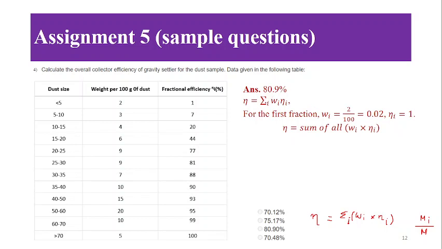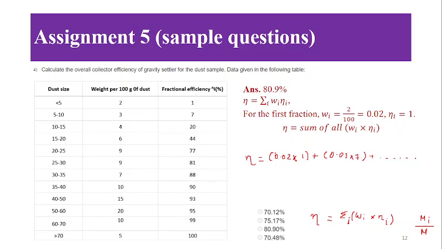80.9 comes out to be the answer. So what you need to do is, eta will be 0.02 into 1 plus 0.03 into 7 plus and so on.